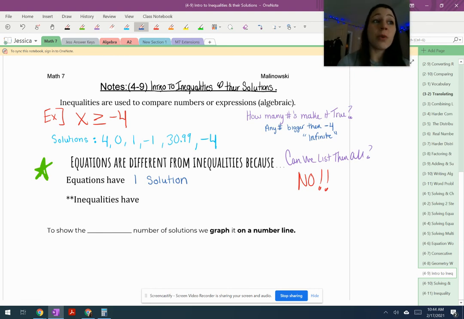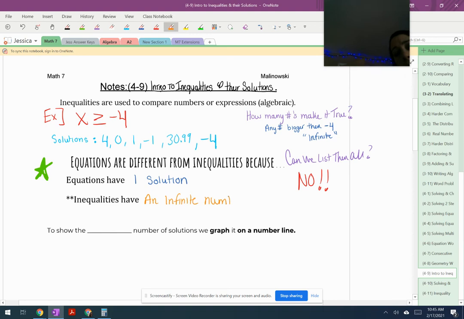Whereas when we're dealing with inequalities, they have an infinite number of solutions. And that right there is the big difference. Equations have one, where inequalities have a whole slew of numbers, an infinite number of numbers that could make it true.